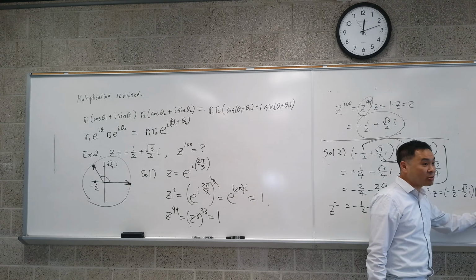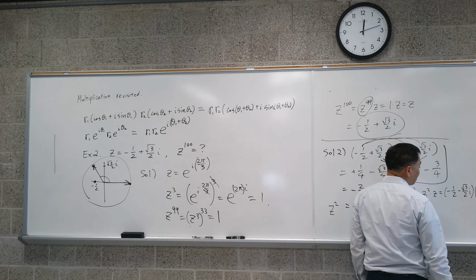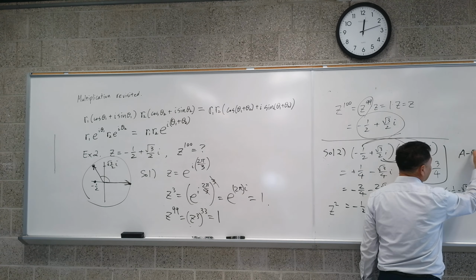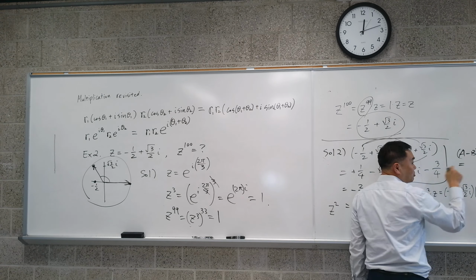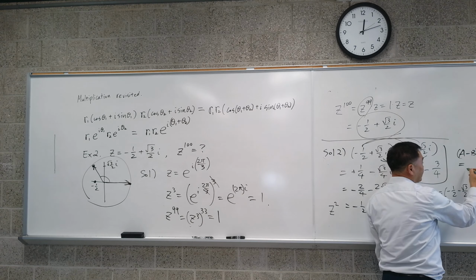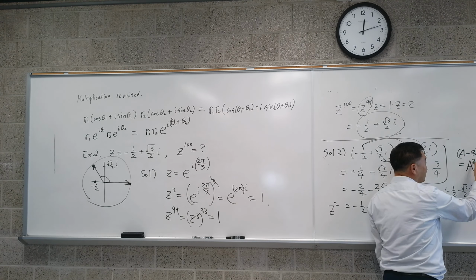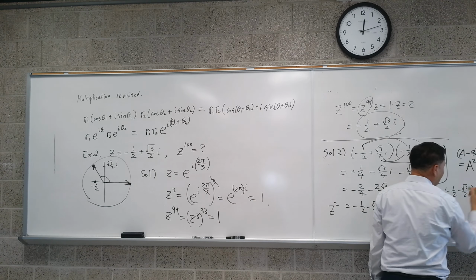These two are conjugates of each other. If you have two conjugates, you can use the formula: a minus b times a plus b gives you a squared minus b squared. So I can apply it here.